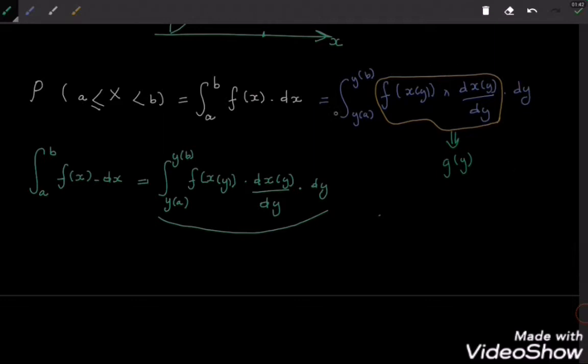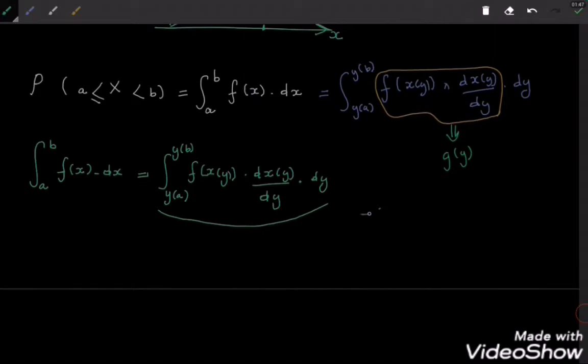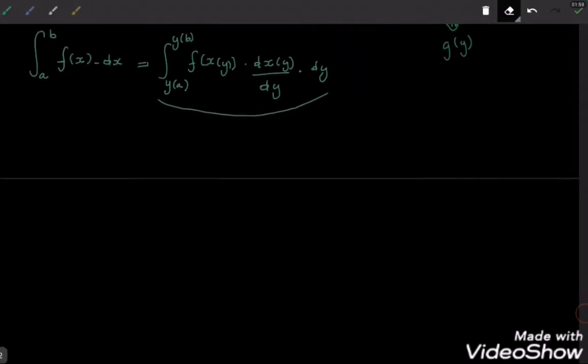So let me write this whole term again. Let me write it on the next page. So this would be equal to the integral from y of a to y of b of the function g of y, d of y.